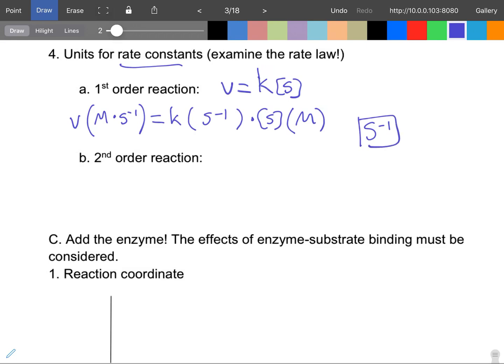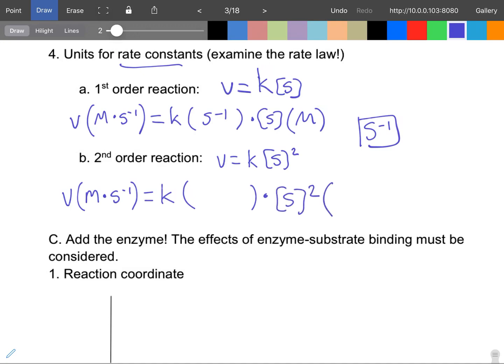And we use the exact same process to determine the units of the rate constant for a second order reaction. So velocity equals, now it's K, and let's do the simpler case where we've got the same substrate twice. And again, velocity still has to equal molar per second. That is the definition of velocity. Equals K, which we'll leave blank for a moment, times the substrate concentration squared, which will have units of molar squared.